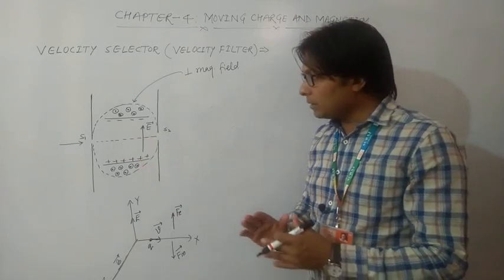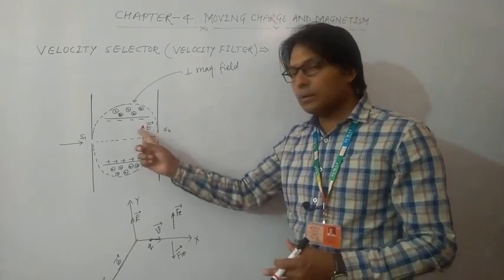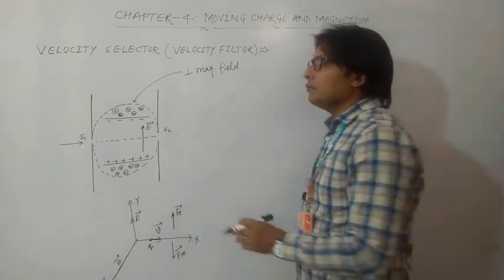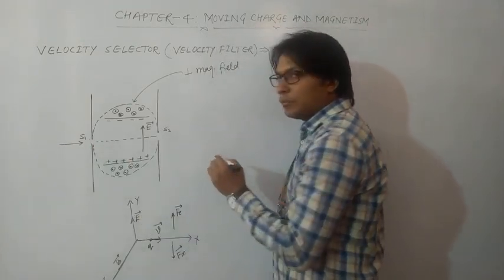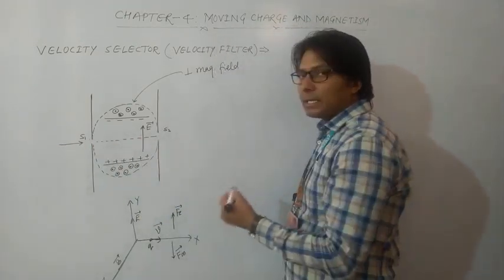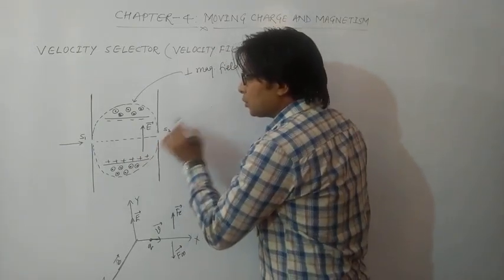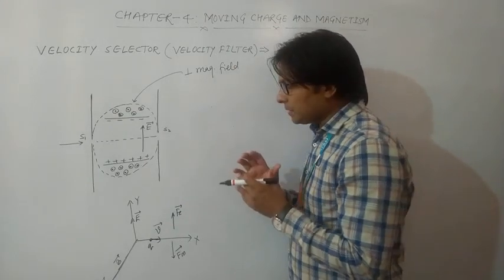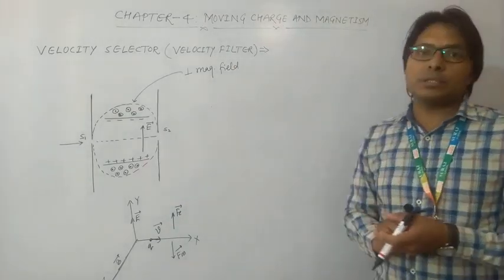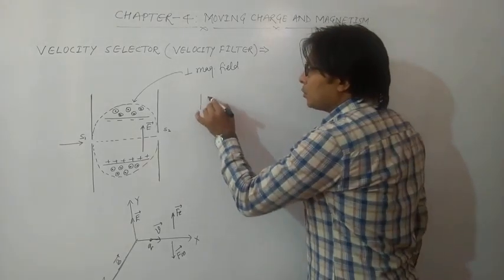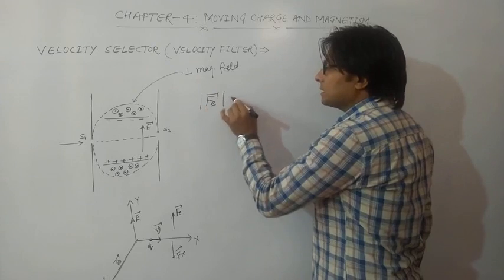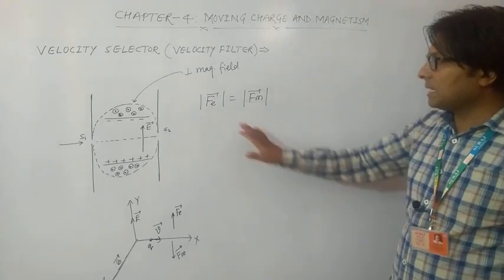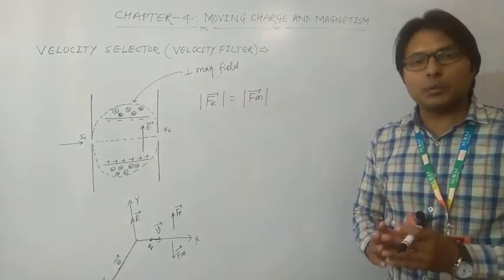But if the magnitudes of these two forces are exactly equal, then the charged particle will move along the same path, or I can say it will exit through slit S2, which is parallel to slit S1. So the condition for working of this velocity selector is that the magnitude of Fe vector equals the magnitude of Fm vector, and we have proved that the directions of Fe vector and Fm vector are opposite to each other.